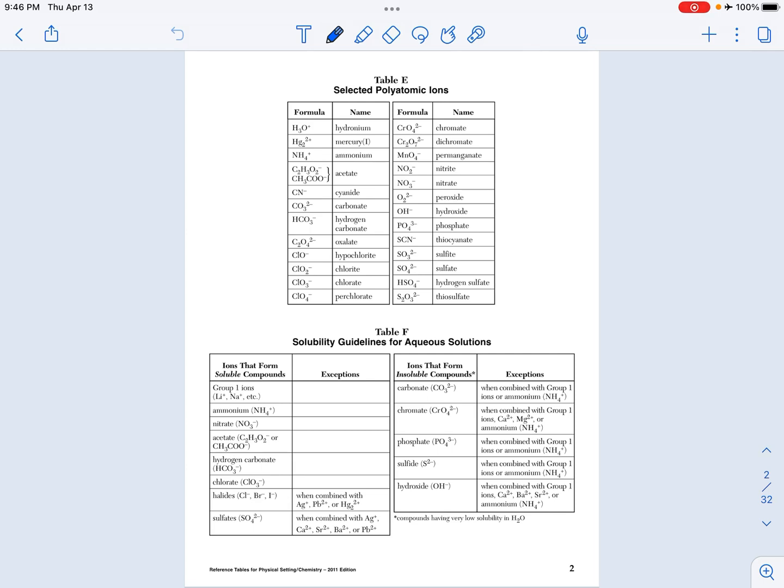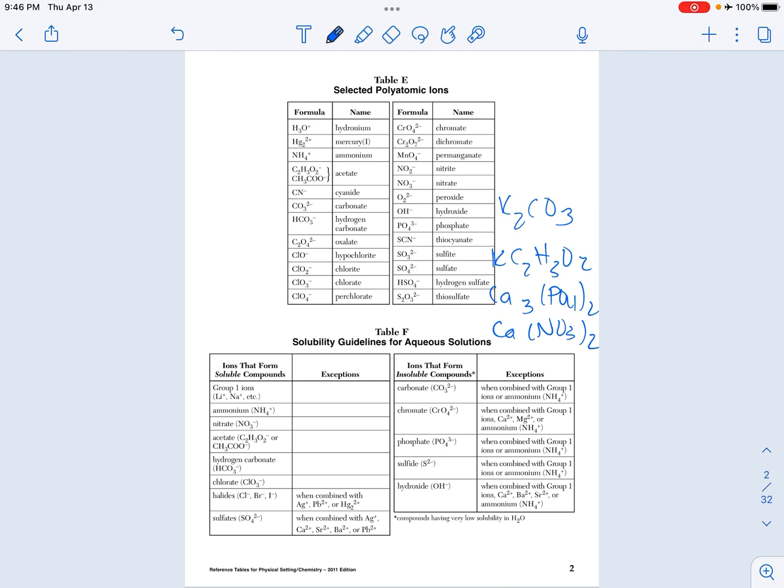We have K2CO3. We've got KC2H3O2. We've got Ca3(PO4)2, taken twice. And we've got Ca(NO3)2. Okay. So I always look for the anion, which is the second part.